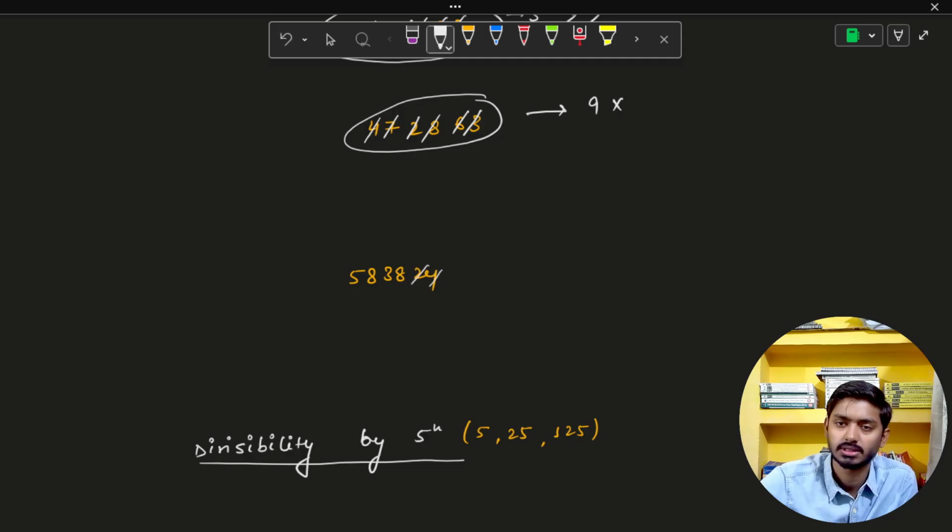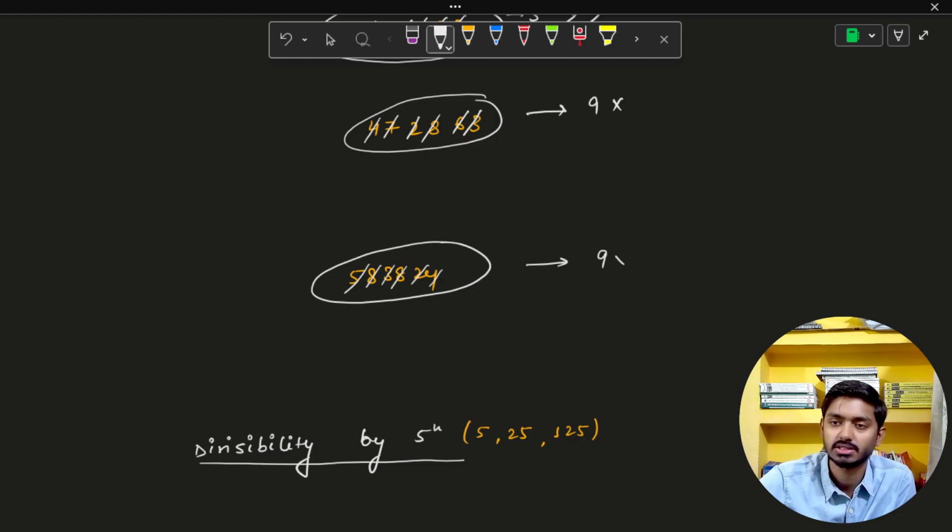Okay, this isn't divisible by 9. Why? Because 4, 3 and 2 make 9, and that gets cancelled. 8 2s are 16 plus 5, 21. 21 is not a multiple of 9, so it won't get cancelled. So again, this is not divisible by 9. Maybe divisible by 3, but not divisible by 9.